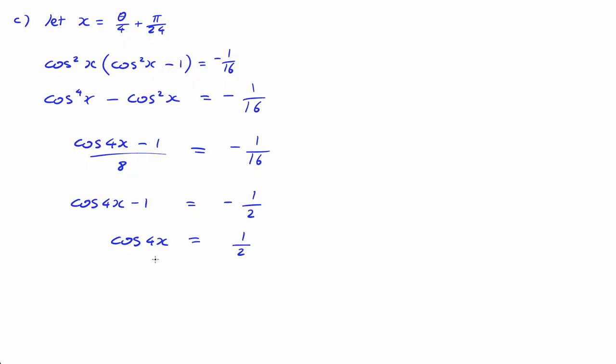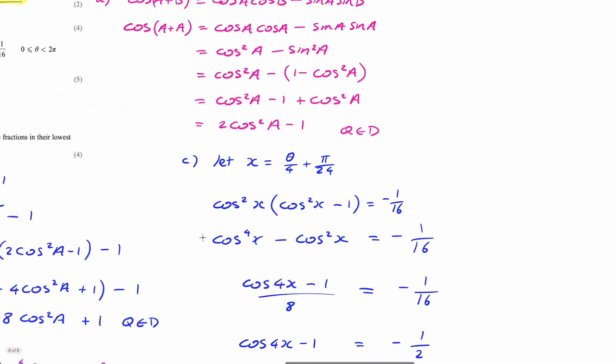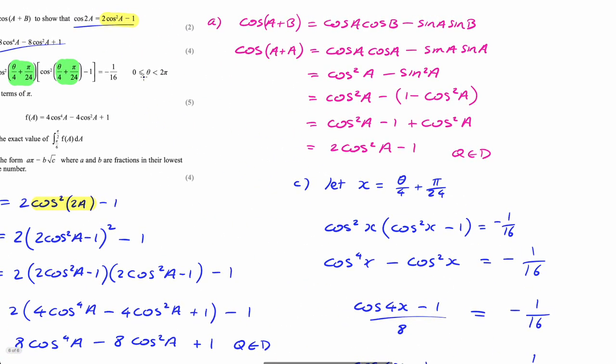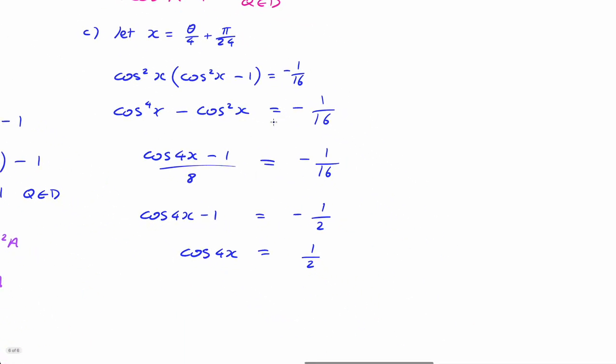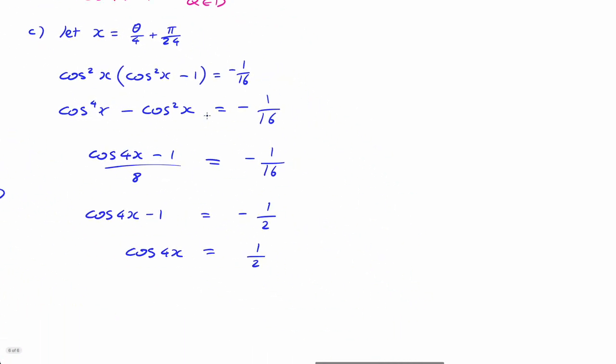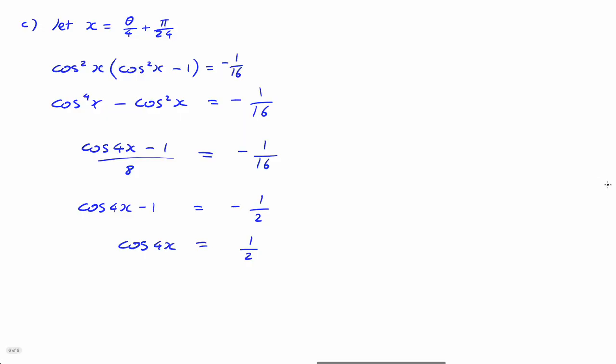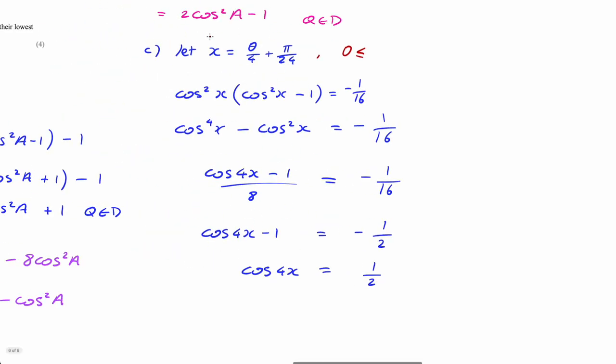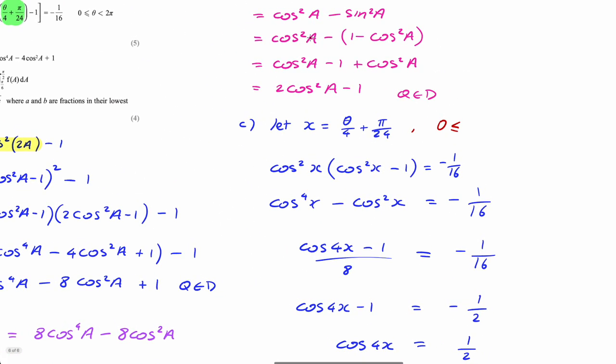So if cos 4x is equal to 1 over 2, what does 4x equal now? I should actually, guys, note that theta is going between 0 and 2 pi. So let's go here. Theta is between, let's just write it here. I think it's less than or equal to theta. Sorry, it's less than 2 pi, like that.